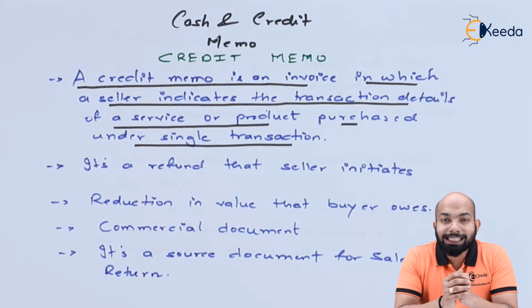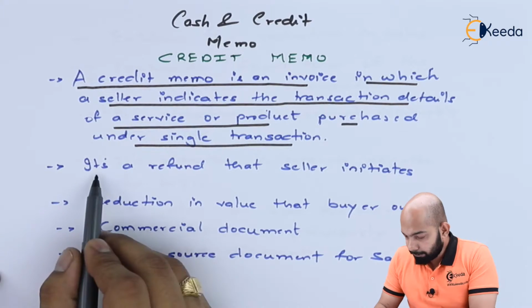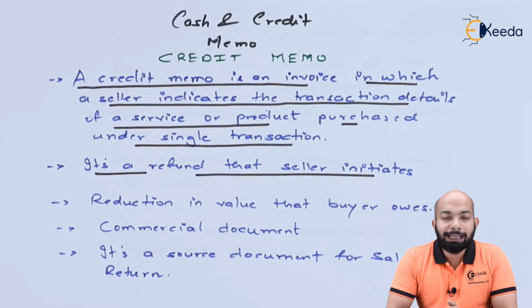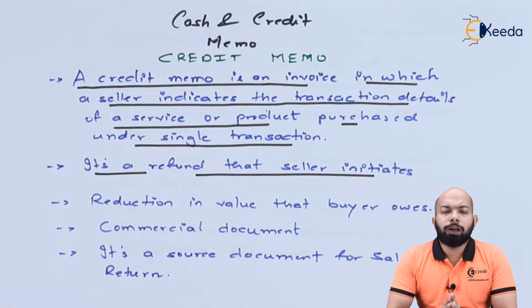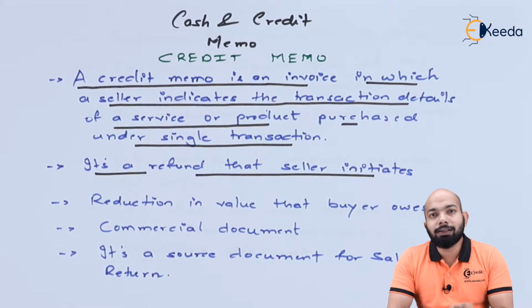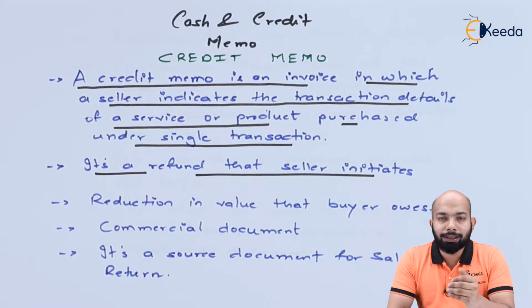Let's go on to the next statement that has been mentioned down here. So the second statement says that it is a refund that the seller initiates. Now when we talk about any refund being initiated by the seller, whenever we talk about a credit note, this is provided by the seller to the buyer itself. That means it is a refund that has been initiated by the seller.